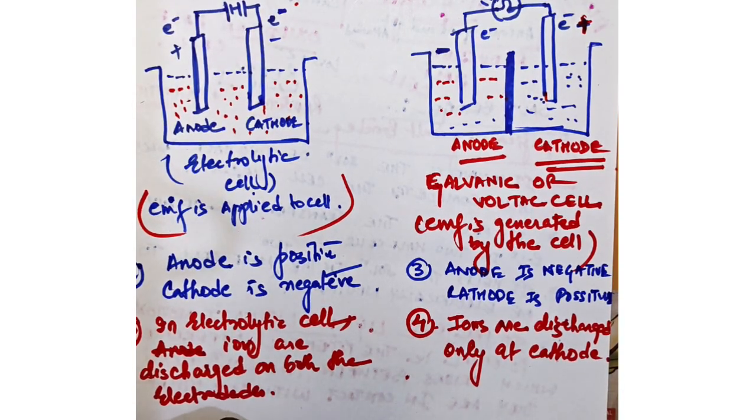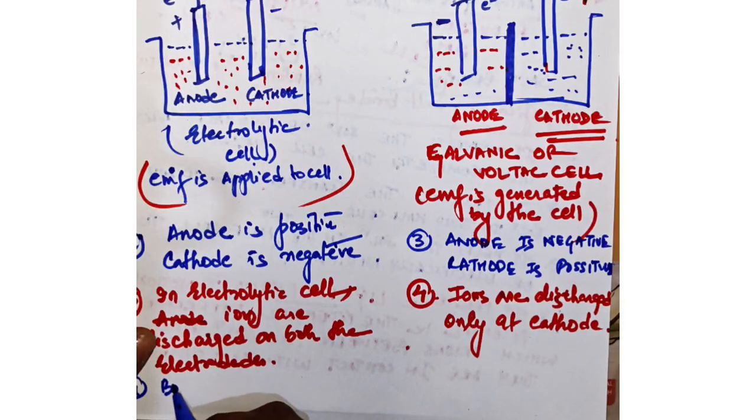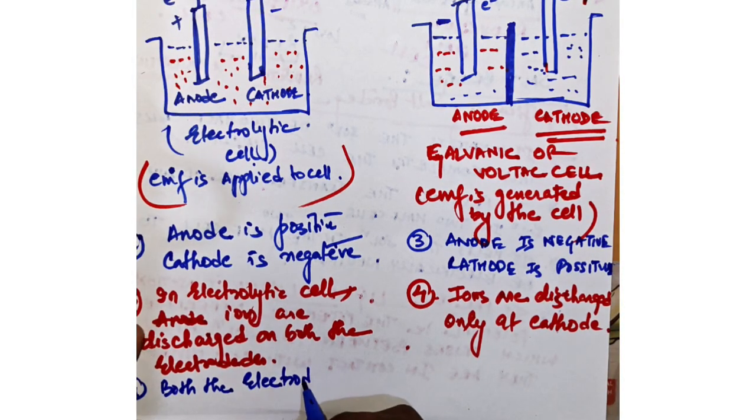In the electrolytic cell, both the electrodes are in the same compartment.